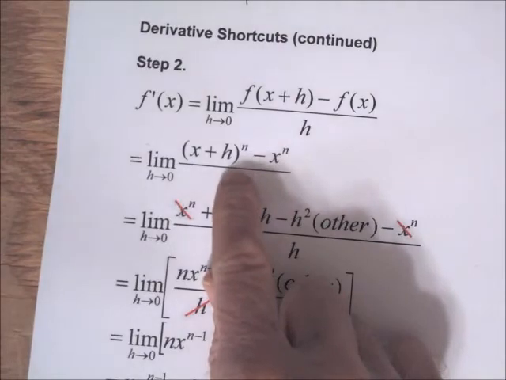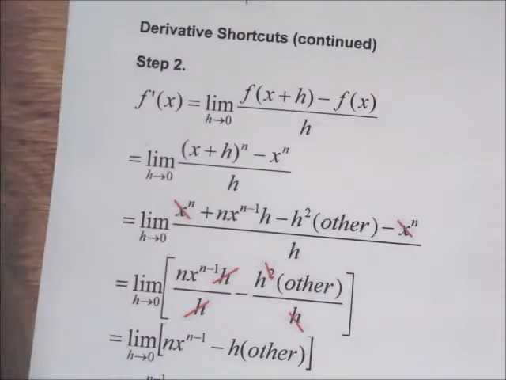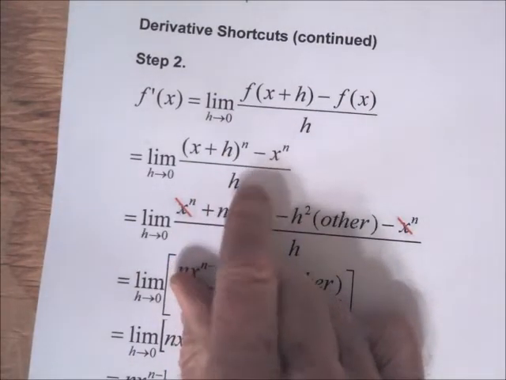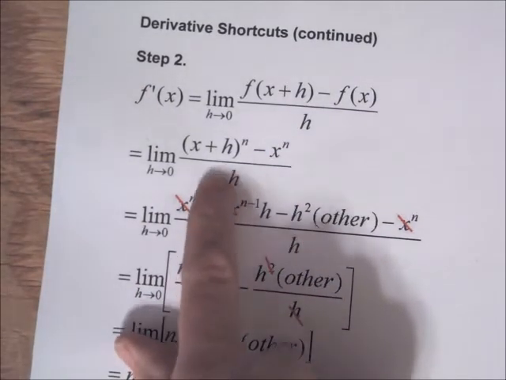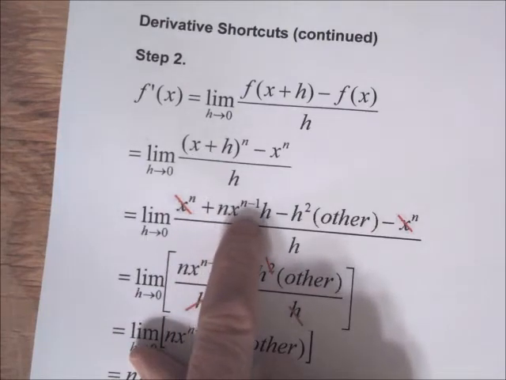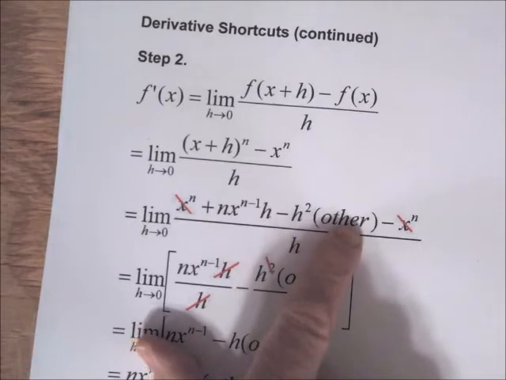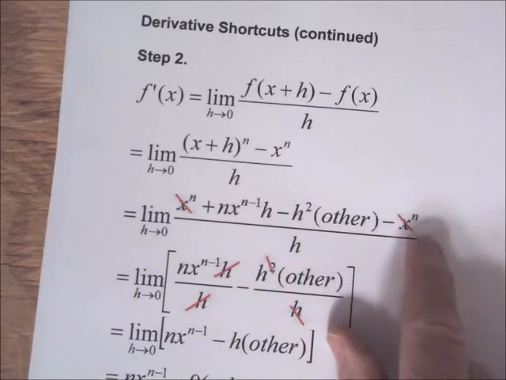And since our function is f of x equal x to the n, it's going to be x plus h to the n minus x to the n over h. And as we demonstrated before, when we expand this, we're going to get x to the n plus n x to the n minus 1 h plus h squared times some other terms. And then I've just copied the minus x to the n here.